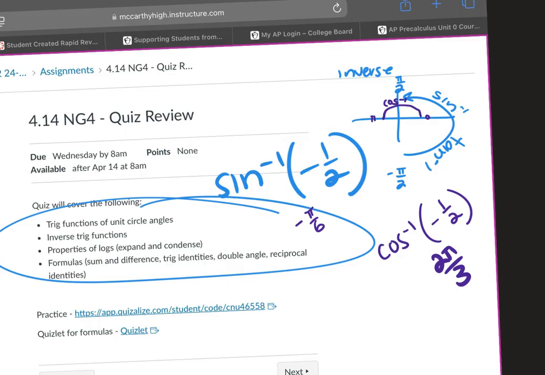Wait, so sine and tan are the first? Sine and tan are the right side, but the negative angles in the 4th quadrant. And then tan is the same, and then cosine is the top. So we have to remember the inverse of the unit circle. Yeah, I mean, the unit circle gives you the answers to the inverse. You just have to know where to restrict it.